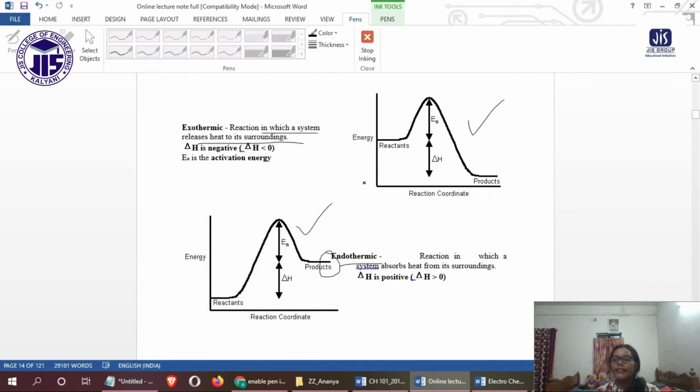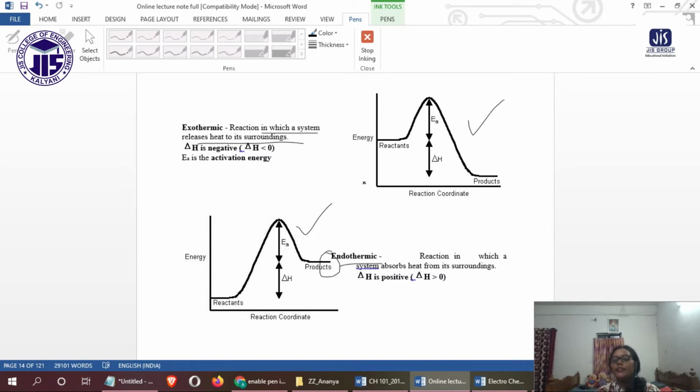Okay, so whatever product is forming is below the energy level of the reactant, so it will release some of the energy. That is why it's called an exothermic reaction.